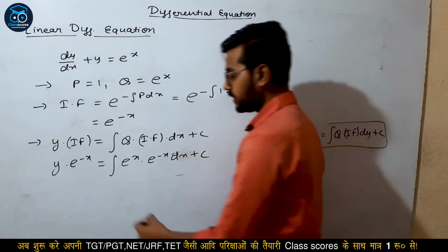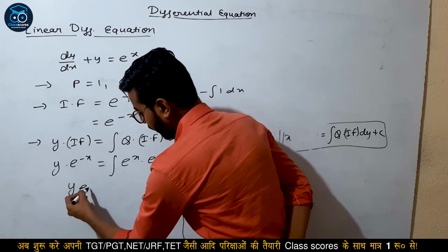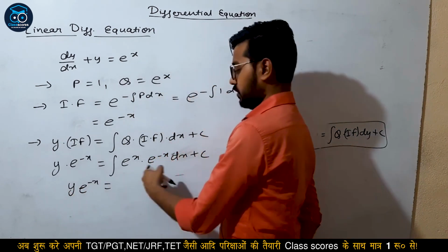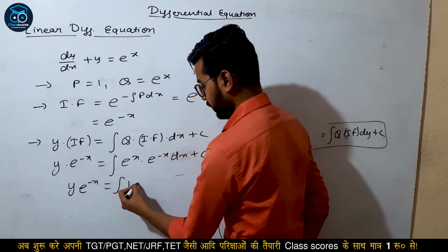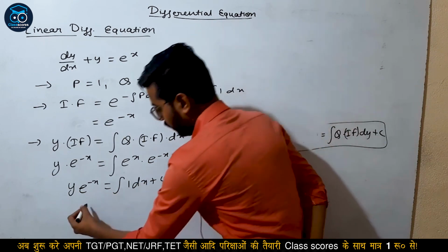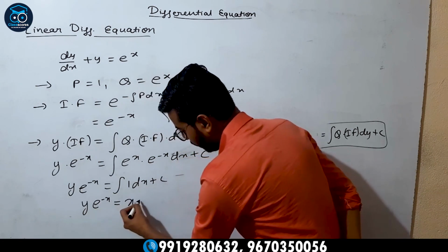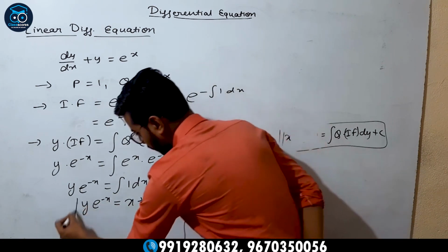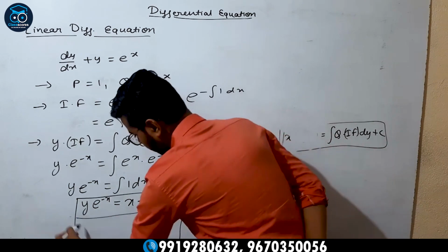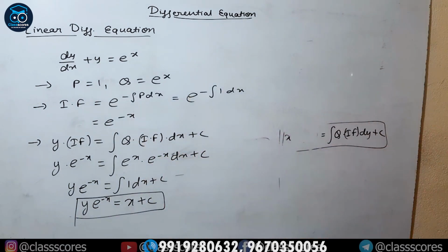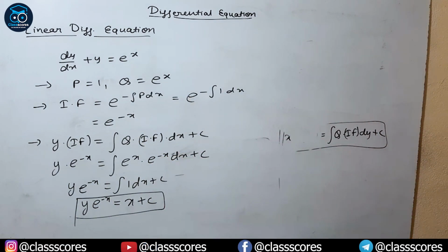Now simplify this, so we get y e to the power x equals the integration of 1 dx plus c. Now integration of 1 with respect to x is x plus c. So this is our general solution for the given differential equation.